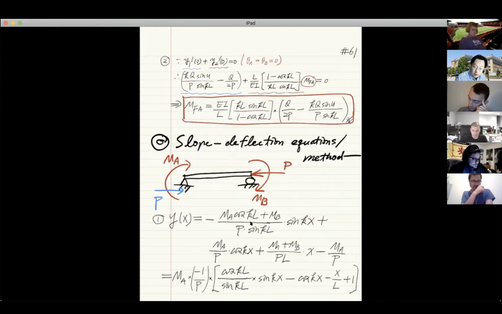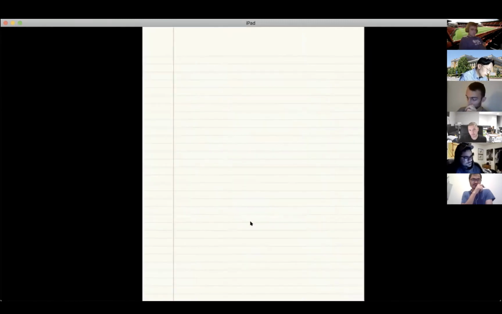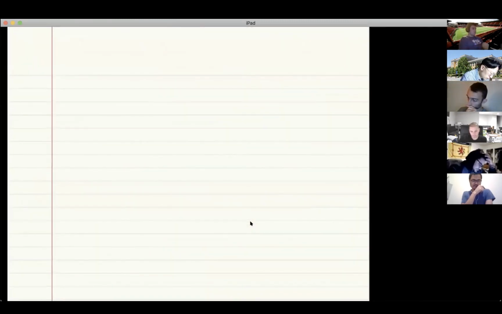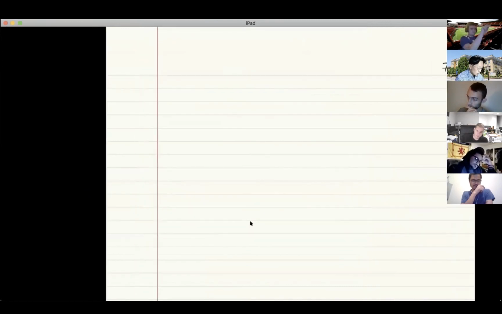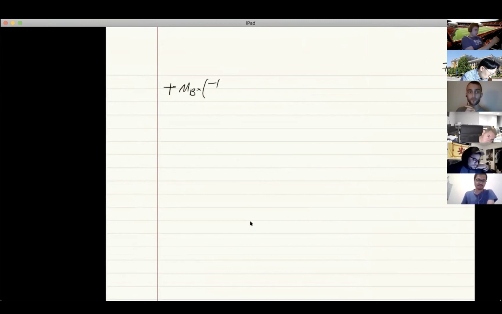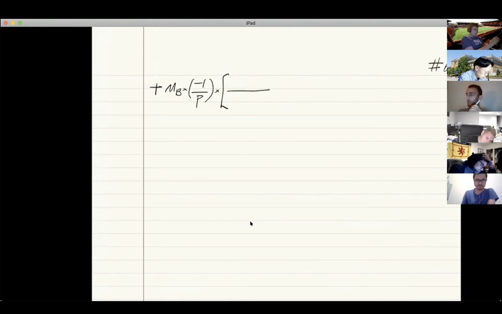Now this is just the first part because we only have the MA. There's also the second part, which is MB. Now let's look at the MB part. So the part with MB is plus MB times minus 1 over P times this coefficient, sine KX over sine KL.